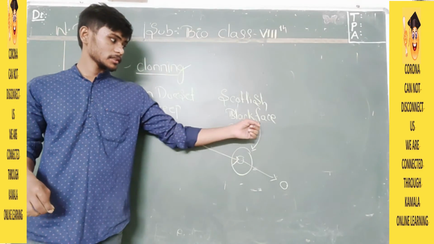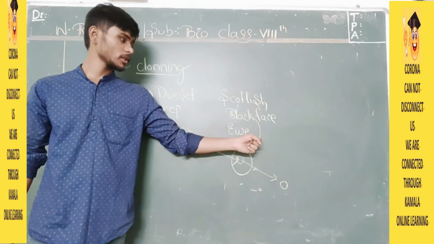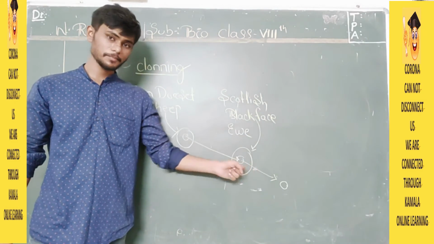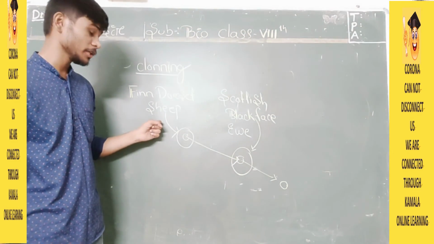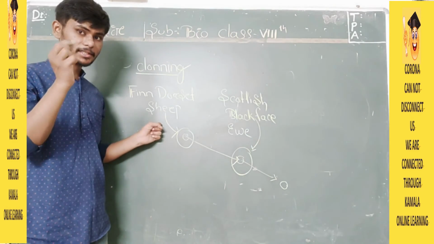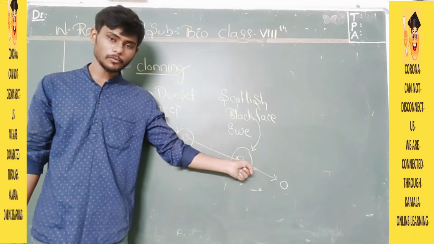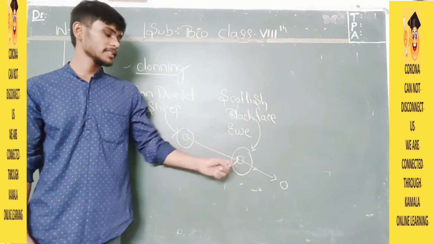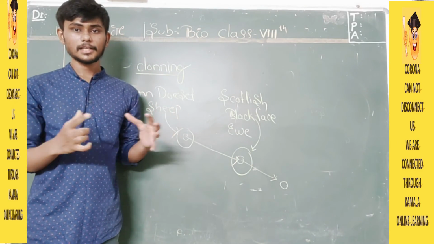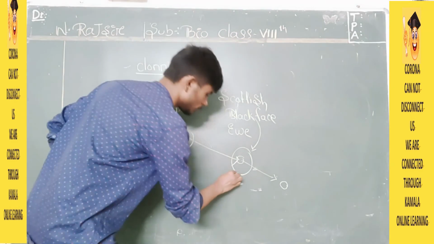See, the ovum cell was from the Scottish black-faced ewe, and the nucleus of the mammary gland cell was from the Finn Dorset. Now they placed it over here. After that, this ovum started to grow, and after growing, Dolly the sheep took birth.